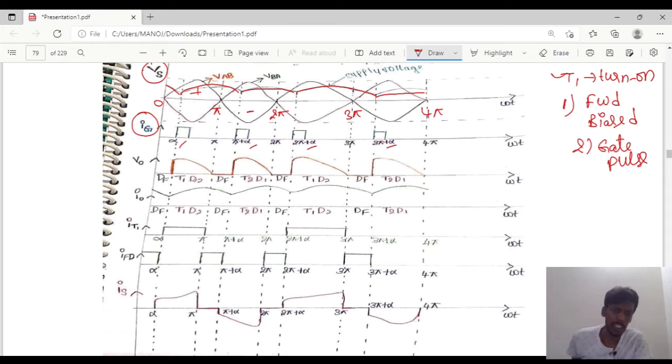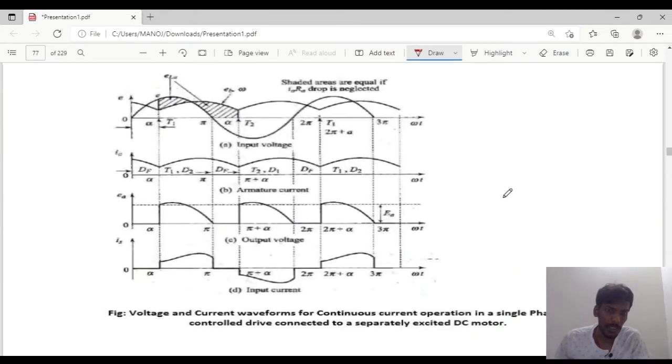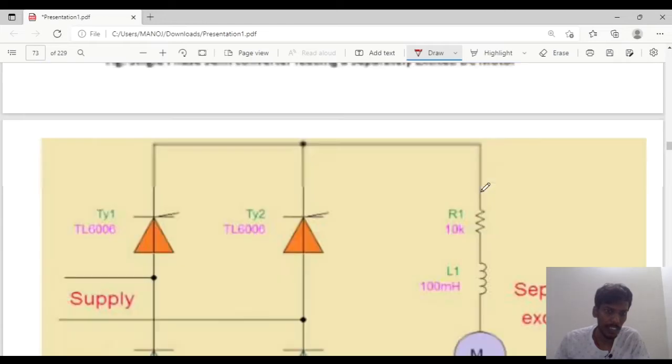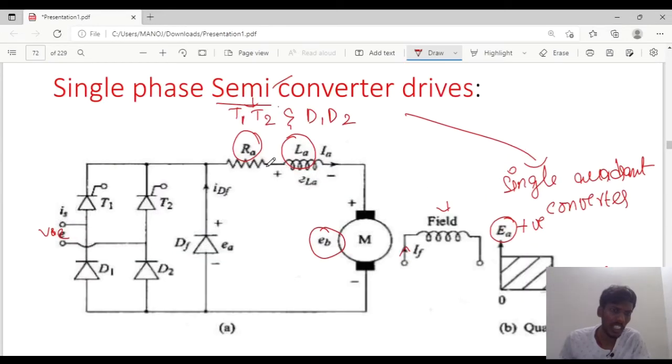Now we will move on to the first waveform V0, for alpha to pi. If you observe from alpha to pi, the thyristor T1 will be forward biased at an angle alpha, and diode D2 will be forward biased.